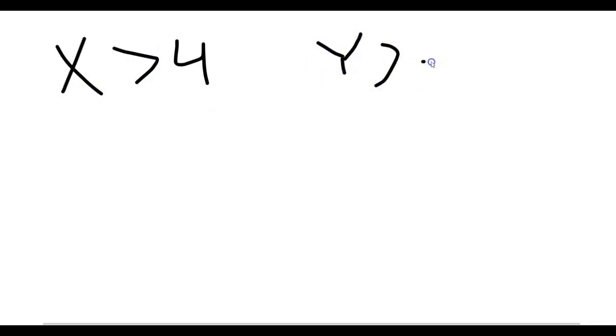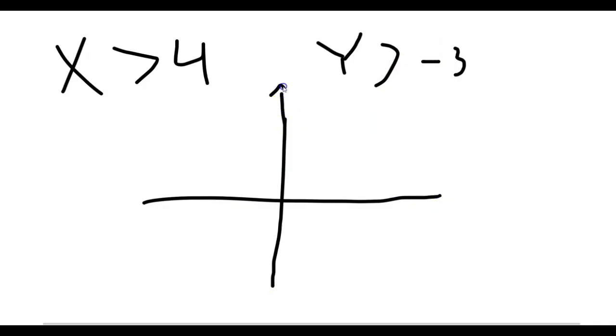Now let's graph inequalities. Let's say we have x is greater than 4 and y is greater than -3. Let's get our graph. We got our y-axis and our x-axis. So if we have x is greater than 4, we would count 4: 1, 2, 3, 4.